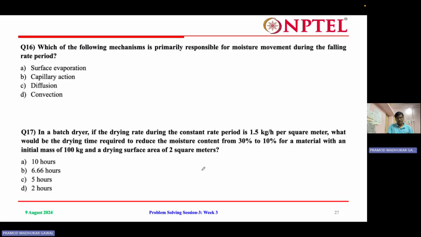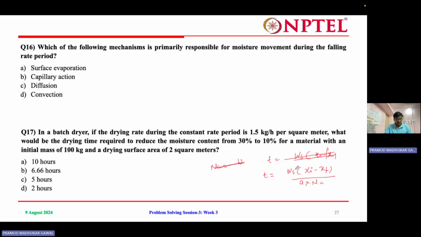So here the formula to calculate: use this formula, T is equal to Ws (Xi minus Xf) divided by A into Nc.